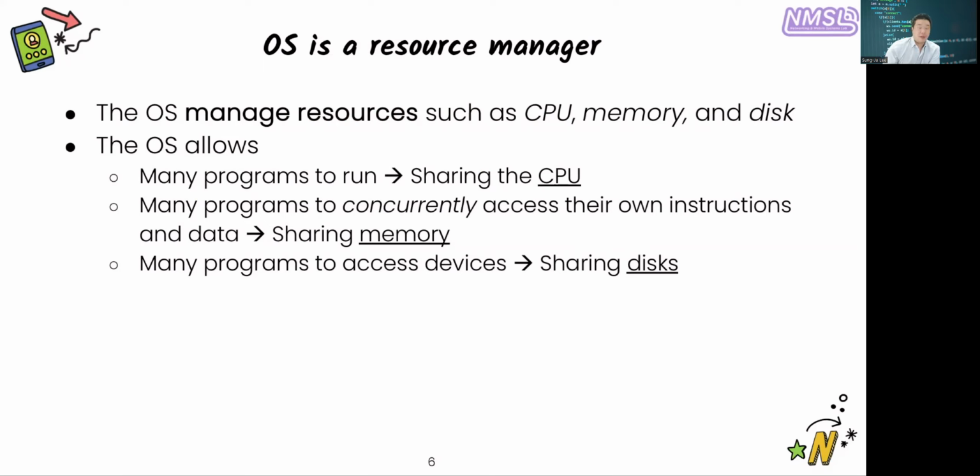With virtualization, they think they have entire access to the CPU. Also, many programs concurrently access their own instructions and data, which can be done by sharing memory, and many programs access devices, like sharing a disk.